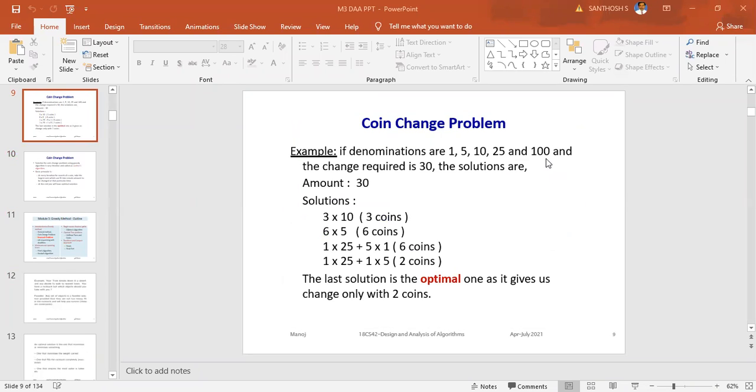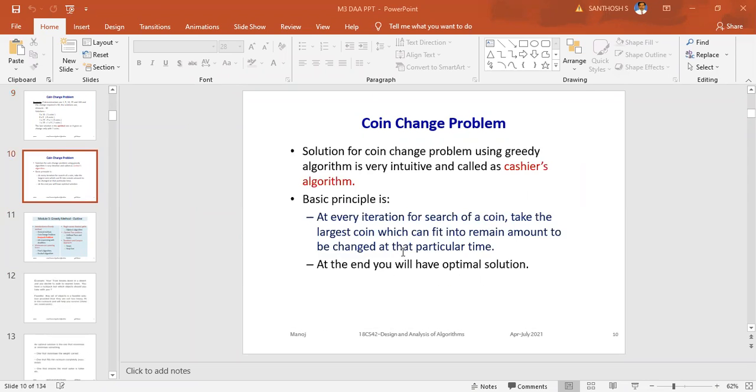After 25, it is 100 only. So 100 doesn't fit into 30. So apart from 100, the second largest coin is 25. So that's why we have taken the largest coin, 25, which can fit into the remaining amount to be changed. Okay, at the end, you will have the optimal solution.